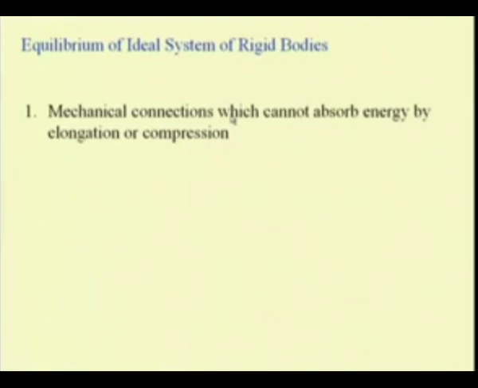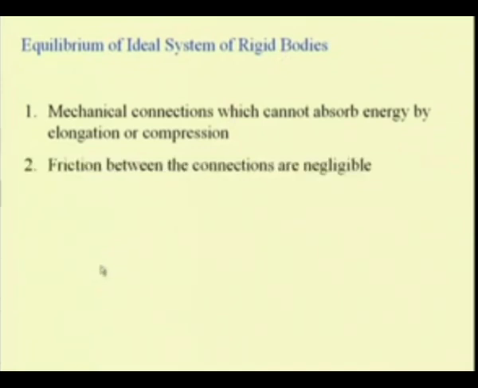Because we are going to apply the method of virtual work, the work done should not be absorbed by any of the elastic members in the system under consideration. The work has to be conserved, in the sense whatever work is input to the system, it should be output from the system, and the system should not absorb any energy by elongation or compression. So, this is the first assumption in case we would like to idealize a system of rigid bodies.